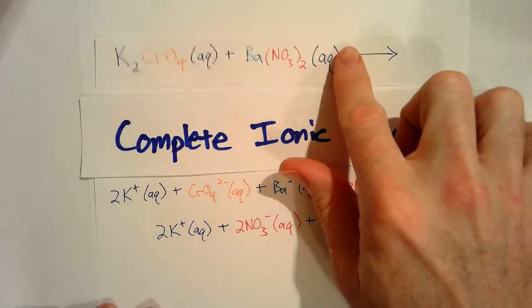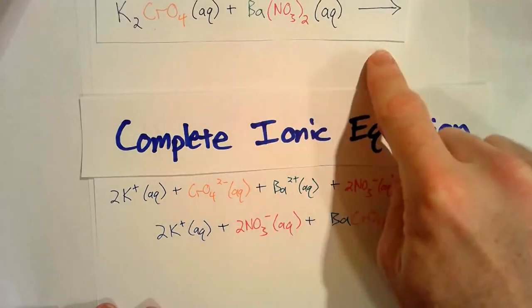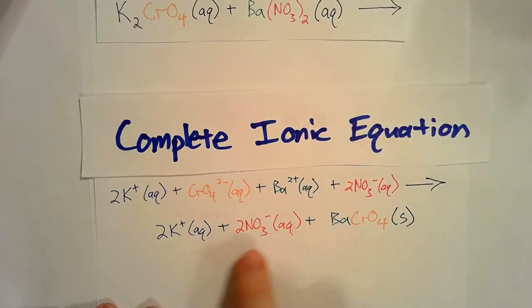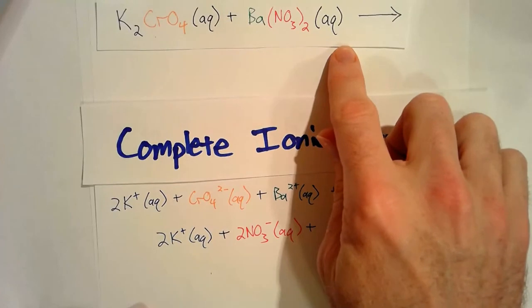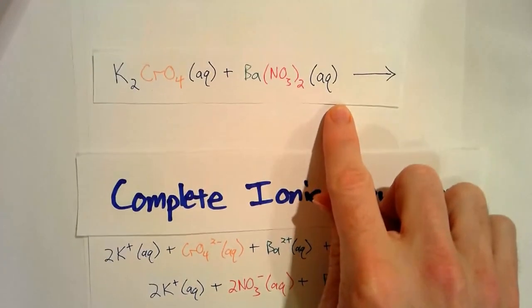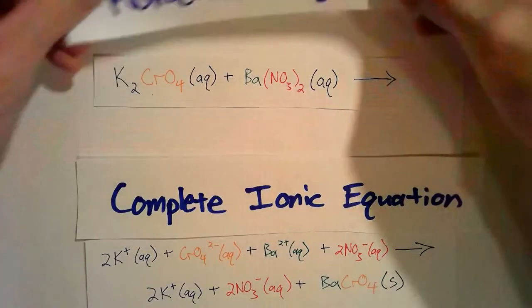So now let's go ahead and see if we can write in the products for this one. We'll go ahead and combine these two and just still call them aqueous so we can have the products for our molecular equation. I'll scoot this down so we can put the molecular equation label on here.